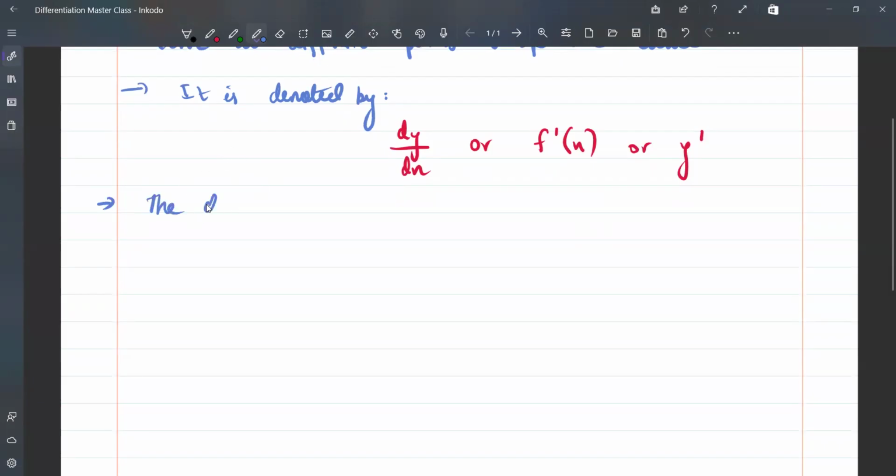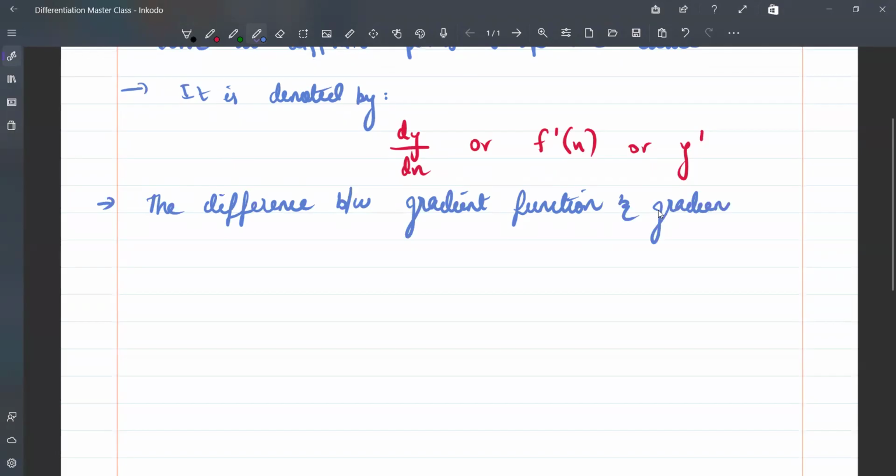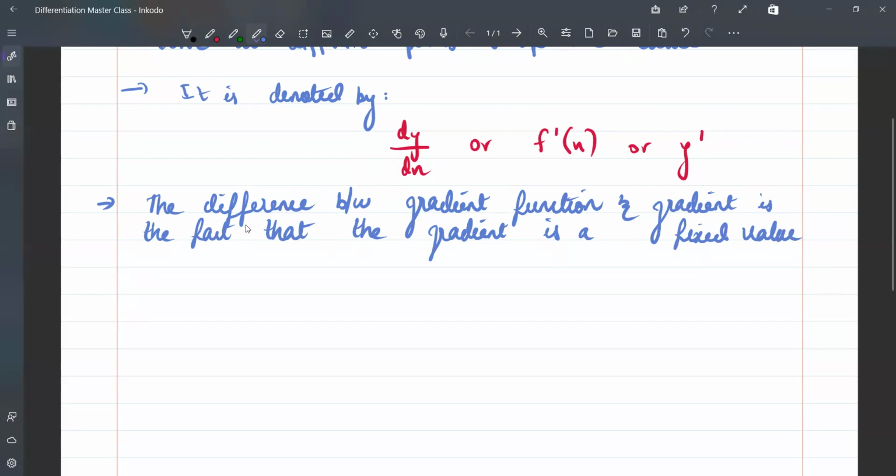The difference between gradient function and gradient is the fact that the gradient is a fixed value, whereas the gradient function is the equation of the gradient.